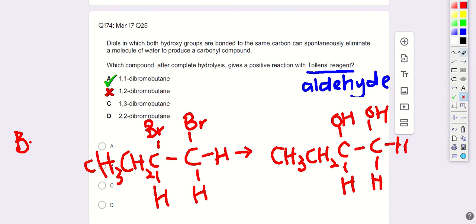Now C is 1,3-dibromobutane. So what I'm going to do is erase this. It will become H. And this carbon now will be bonded to 1 Br. So this is hydrogen. Sorry, forgot. I need to erase this number 2 here, because now this C is bonded to 1 Br.